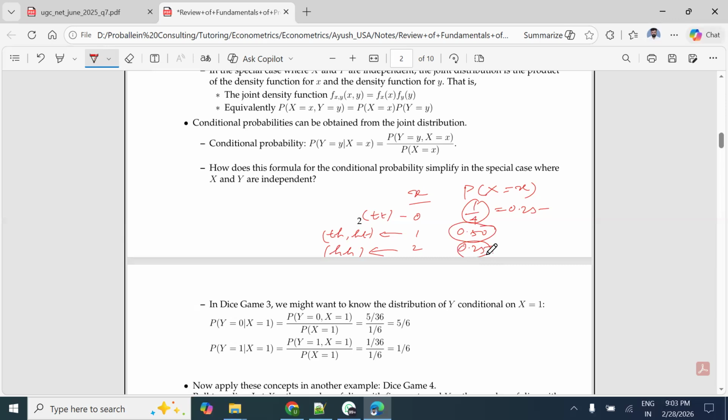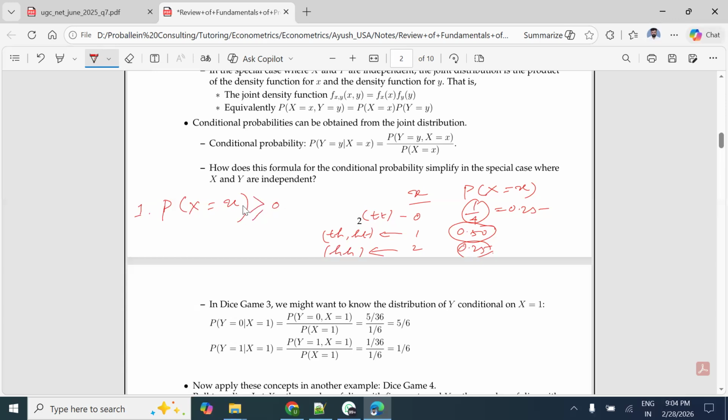Always you should know there are two essential conditions for a valid PMF. If you remember that, then you can construct this PMF table. First, the probability of X equals small x, for specific values, is greater than or equal to 0.